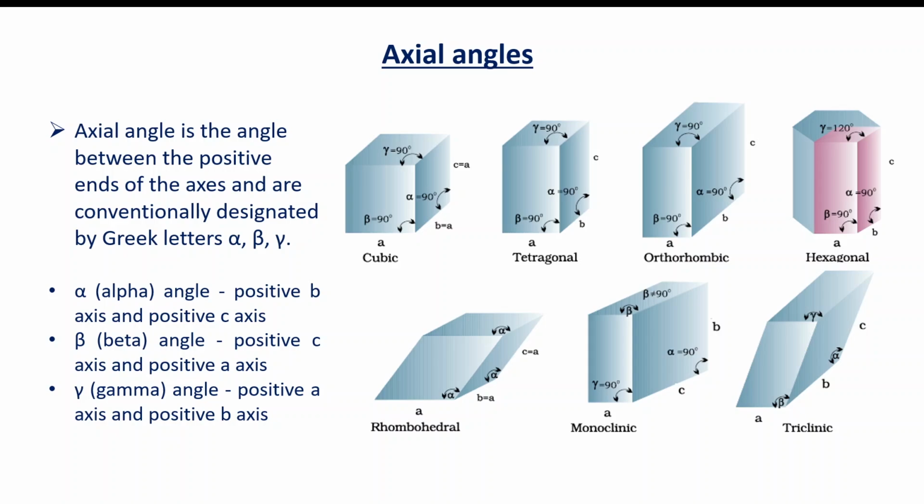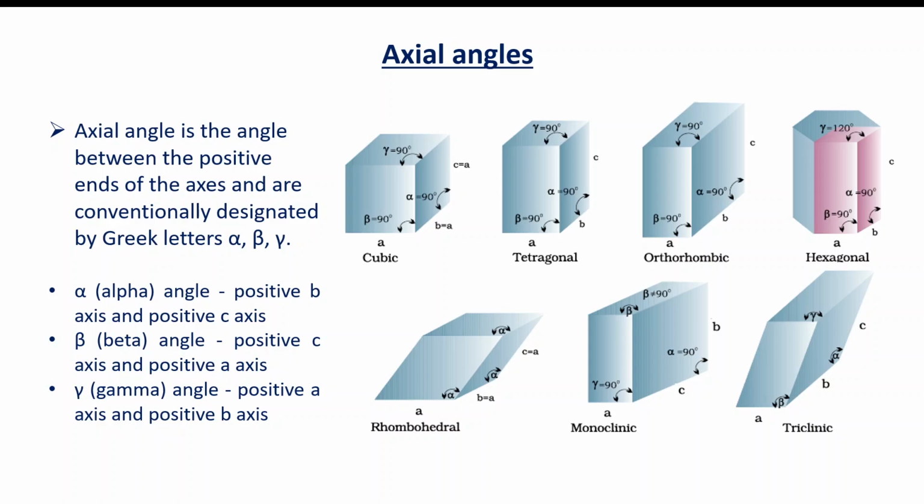But here I would like to remind you that though the axial angles for cubic, meaning isometric, as well as tetragonal and orthorhombic crystals are always 90 degrees, the axial lengths are not the same. In the case of isometric crystal, the axial lengths are the same. In the case of tetragonal, the C axis is not the same, but A and B are the same.